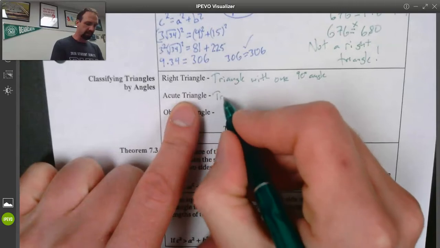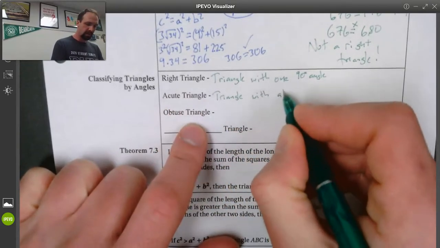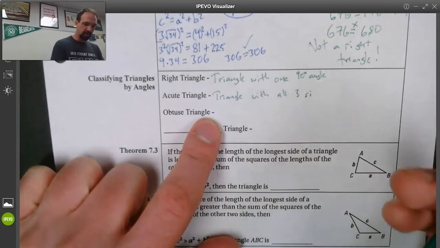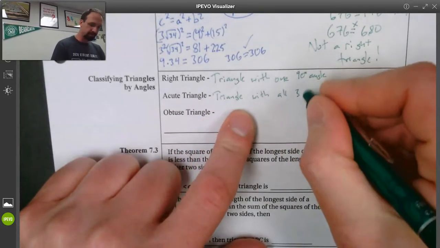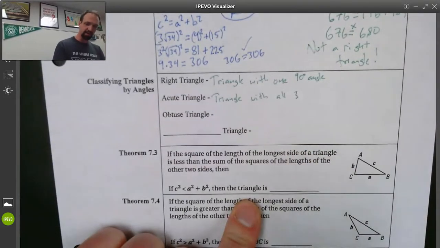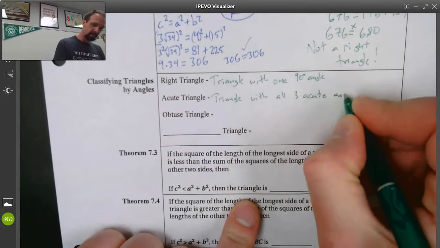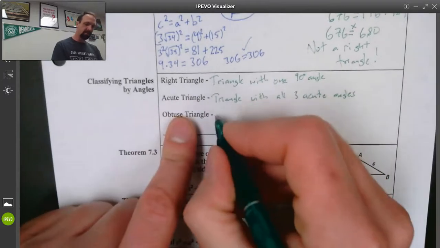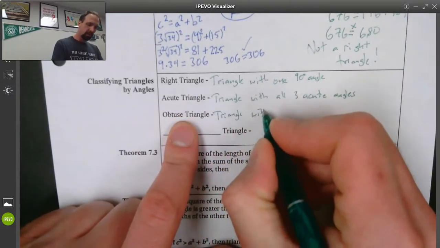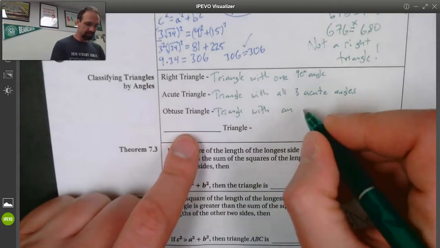That's a triangle with all three angles acute angles. Remember, acute is less than 90. And then an obtuse triangle is a triangle with an obtuse angle.